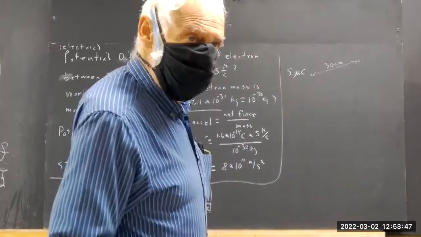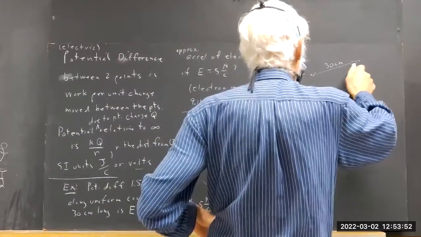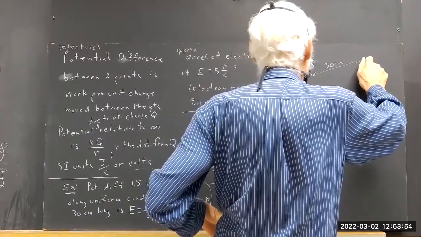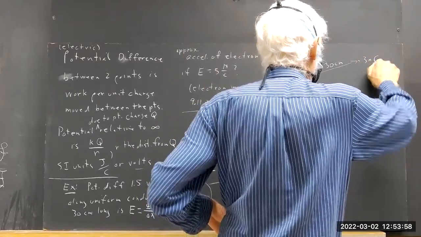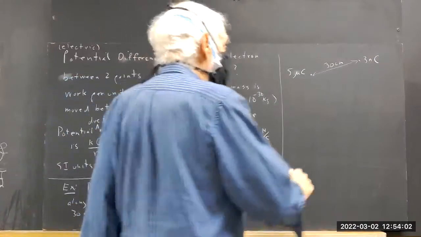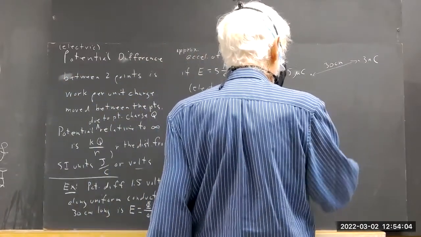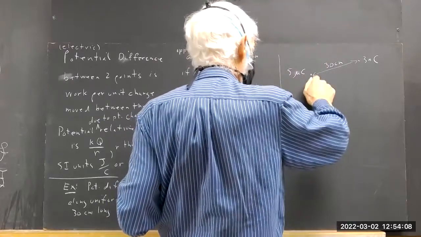Okay. And you want to move this charge here. Let's go ahead and give this charge, let's say this is a 3 nanocoulomb charge. We want to move it to another point here. That's only, let's see, that's 12 centimeters.